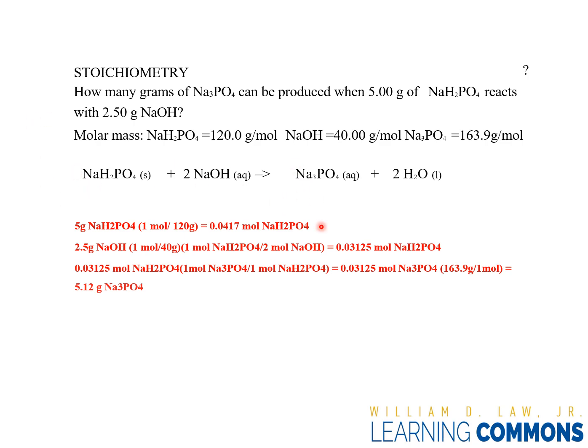And after that, I multiply my result by the molar mass. If you see the unit of the molar mass, it has gram over mole, and my result here is moles.